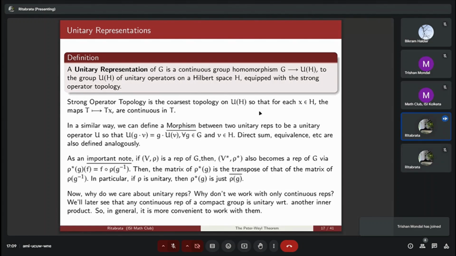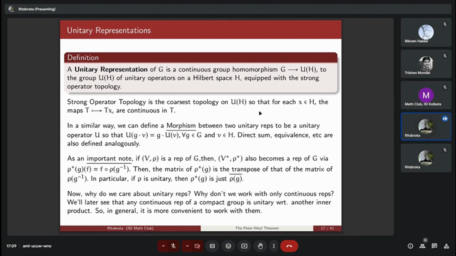Otherwise, we will not be able to use the topological structure of the group G. So we need the representing matrices of G to be continuous linear maps. If the vector space is finite dimensional, then all linear maps are continuous and there is nothing to do. So basically, we work with Hilbert spaces, where things get more interesting.